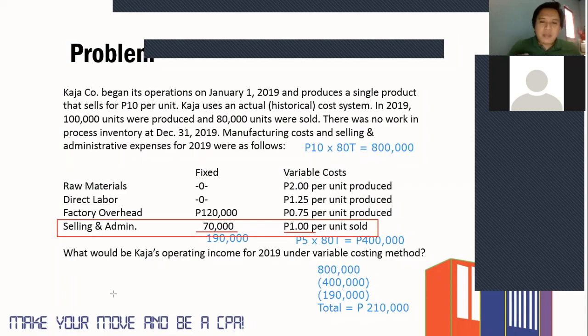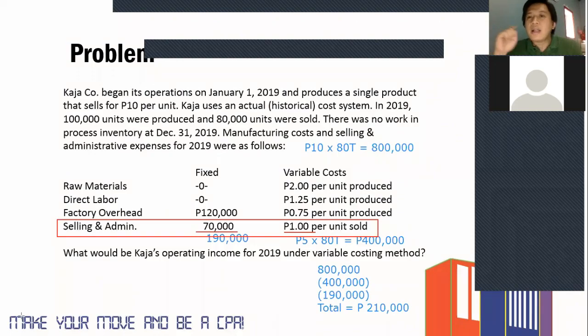So, ibig sabihin, if I'm going to ask you, how much is the profit under absorption costing? You know for a fact that it is more than 210,000, because of the basic theory under absorption costing: generally, absorption costing profit will be higher than variable costing profit.